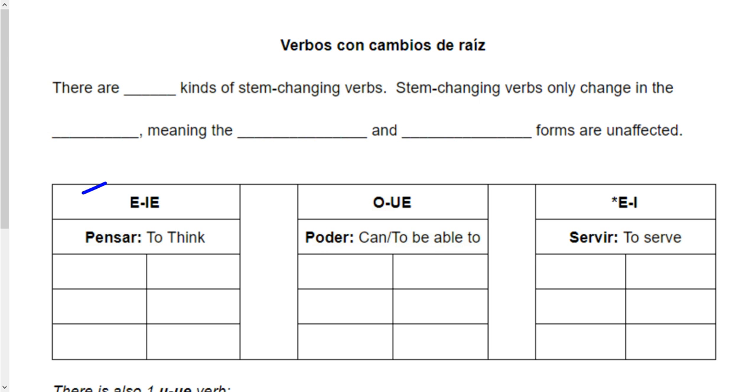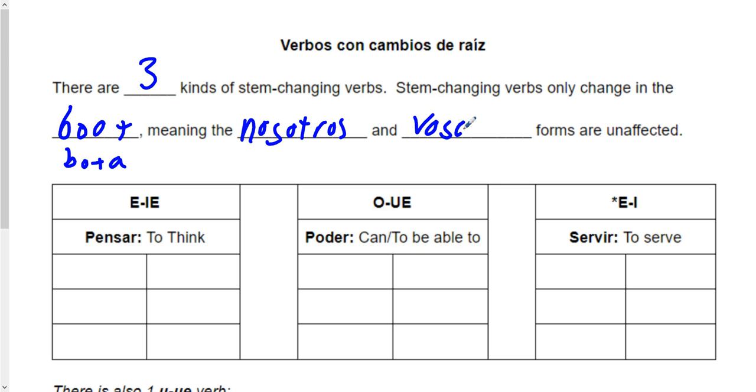So, first of all, there are 3 main kinds of stem changing verbs. Stem changing verbs, as we know, only change in the, hopefully you're screaming boot in your head or out loud, or bota if we're talking Spanish, meaning the nosotros and the vosotros forms are not affected.